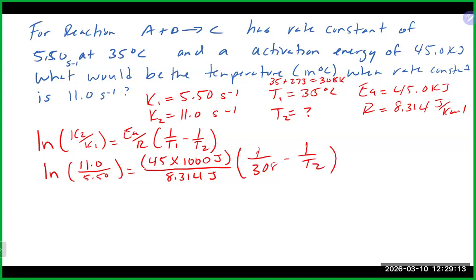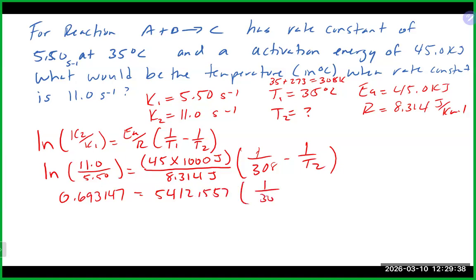All right, so let's clean up a couple things here. On the left, 11 divided by 5.5 is 2. Natural log of 2 is 0.693. Over here, we have 45 times 1,000 divided by 8.314, which gets us 5412.557.